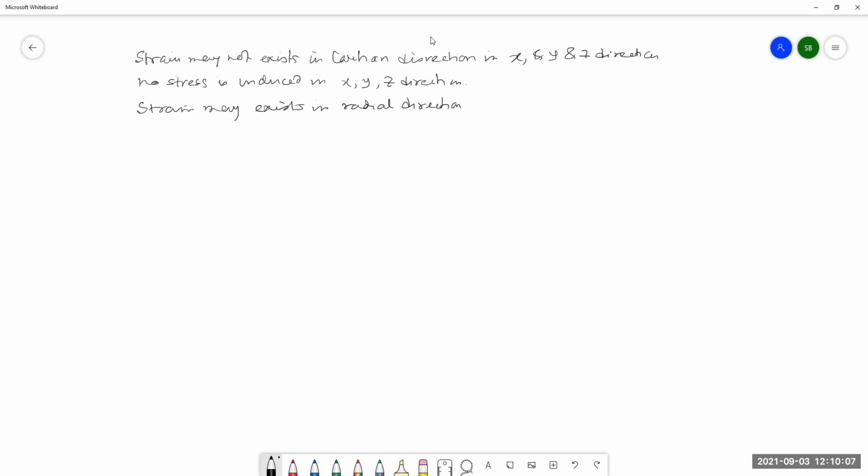And strain may exist in the radial as well as the circumferential direction. Okay. Now what happens?